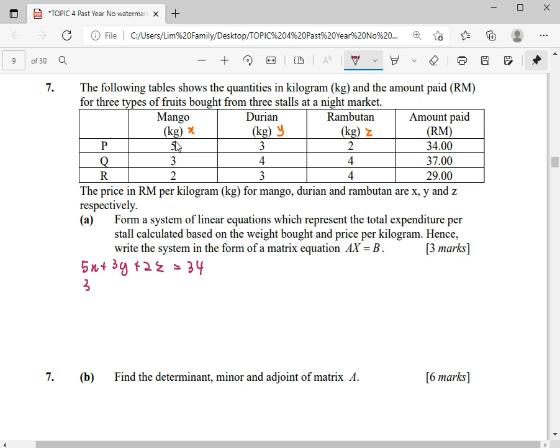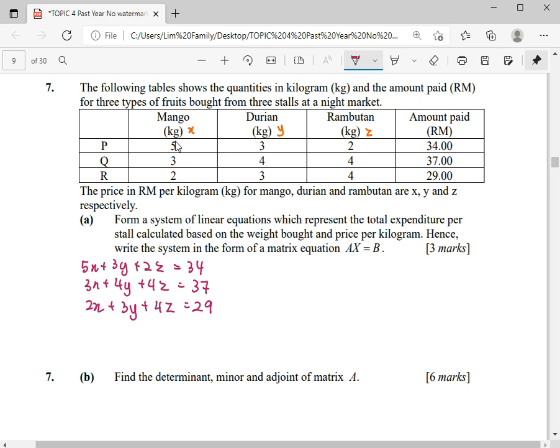The second store is 3X, 4Y, 4Z, 37 ringgit. And then 2X, 3Y, and then 4Z, 29 ringgit. So this is our system of linear equations.